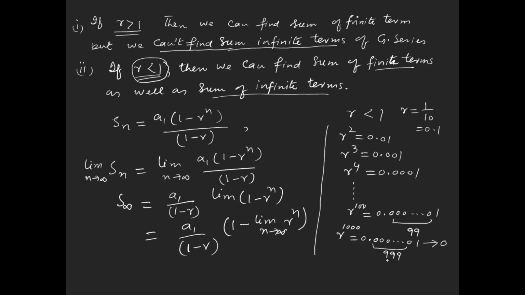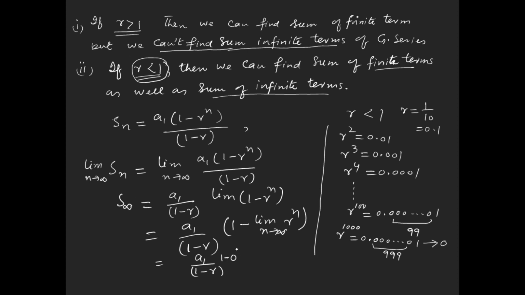It will be very close to 0. So this means the limit as n approaches infinity, that is, the power is very big, then the value of r power n will approach 0, very near to 0. So we will take it as 0.